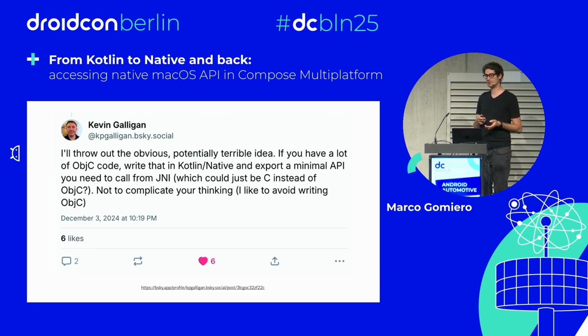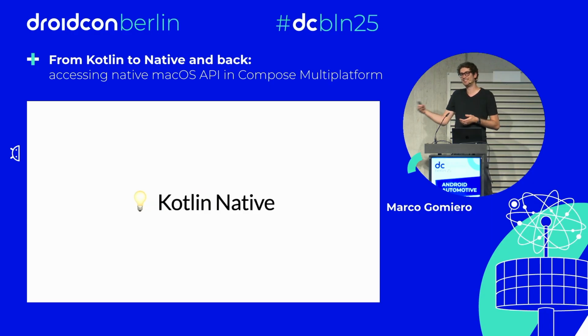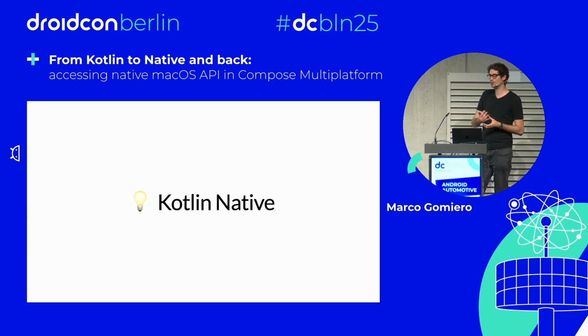And I was like, of course, why didn't I think about it and went with Objective-C? Kotlin Native is perfect. I also have code written on iOS for syncing with iCloud, so I can even reuse it. And yes, Kotlin Native is perfect. Let's go with it.